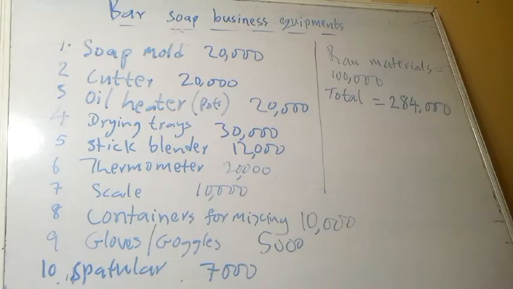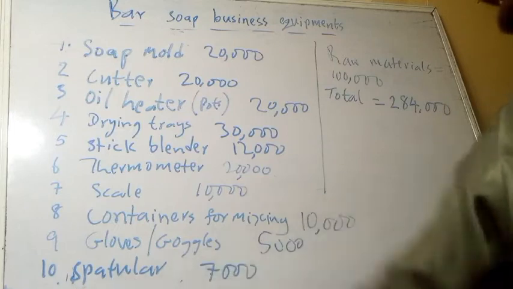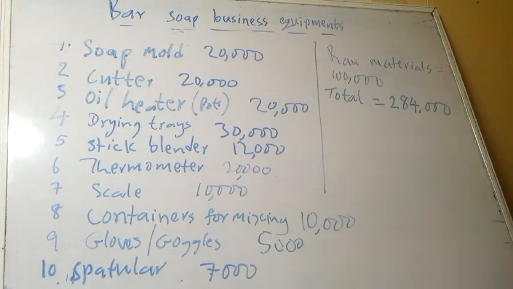Then containers for mixing these chemicals, we budget 10,000 naira for those containers because we can use some solid or heavy plastics. And then we can also go for gloves and goggles, which will give us 5,000 naira. And then spatula for further stirring of the mixture, that will give us 7,000 naira.